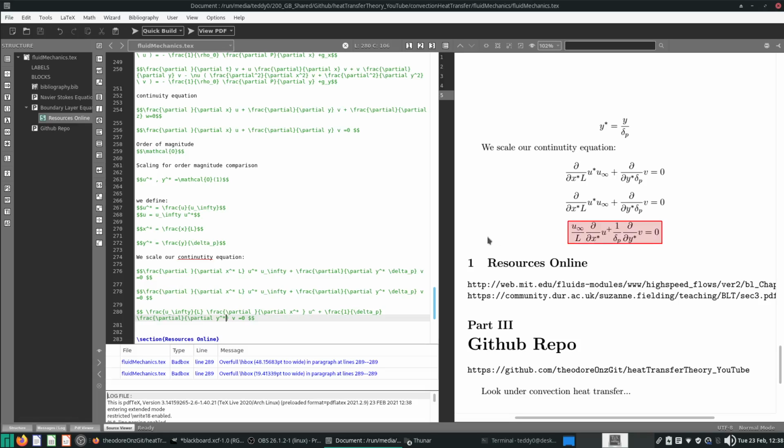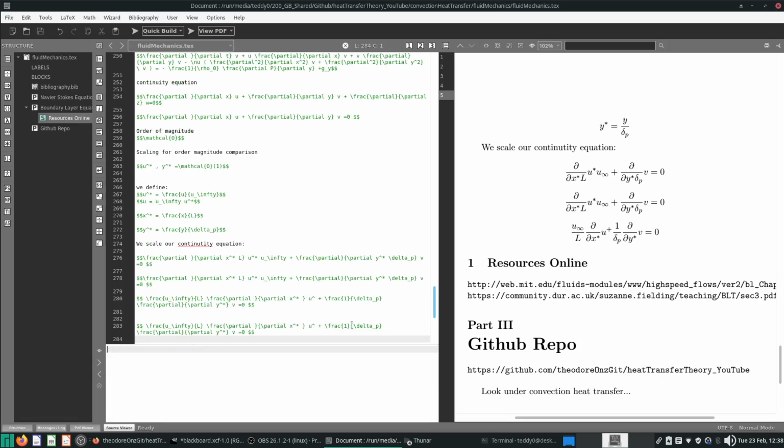Now we have this. We can divide throughout by u infinity over L, which is the same as multiplying the whole equation by L over u infinity. So let's multiply by L over u infinity and get rid of this front part.